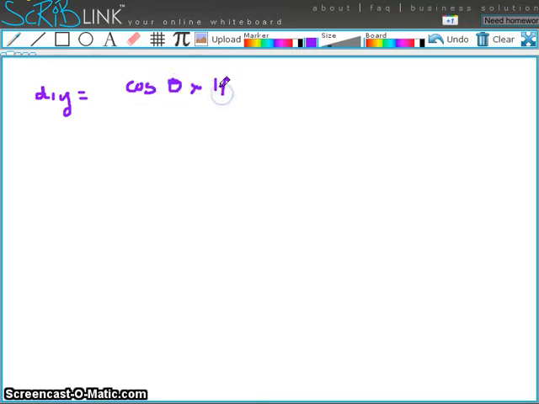Just remember, your cos theta relationship is cos theta is your adjacent over hypotenuse, right? So you don't have your adjacent, which is your d1y, and you have your hypotenuse, so you just take that over there to isolate for d1y, and then you just solve it.